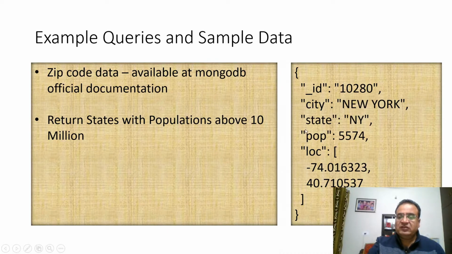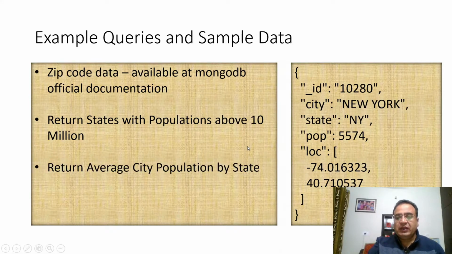So this is a use of group. And then, in the same query, we are also showing only the states where the sum of population has crossed 10 million. We want to show only those states.